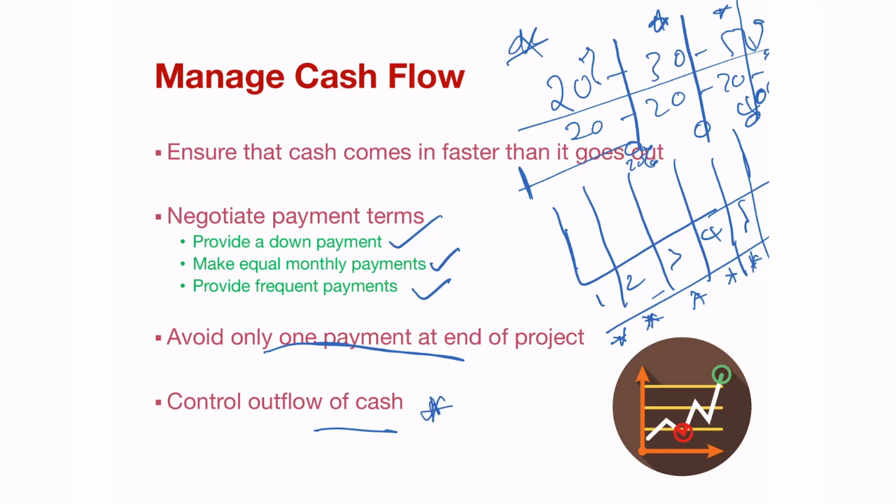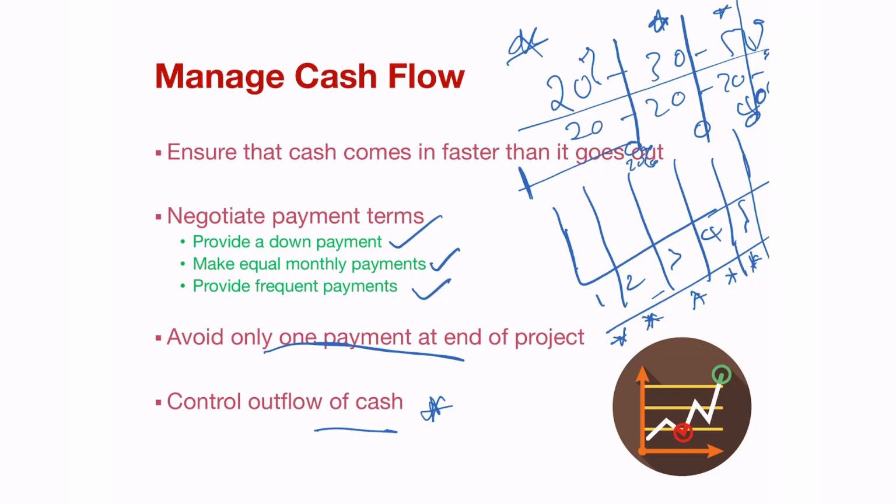If you have a tight budgeting system in place, a very good phased budget, you should know as a project manager exactly how much money you need to spend next month, whether you have that cash available, and also how much money is coming in.